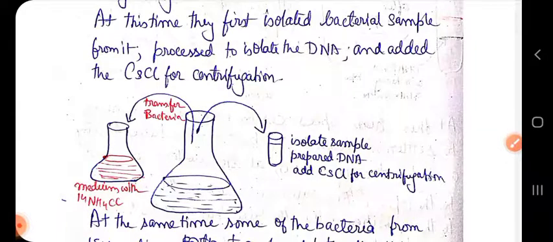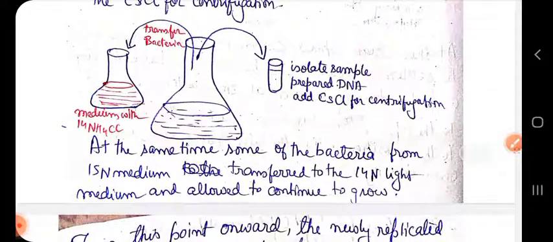On the other hand, at the same time, some of the bacteria from the N15 medium are transferred to the N14 medium. You can see clearly in this picture that some of the bacteria growing on the N15 medium are transferred to the N14 medium and allowed to continue to grow.